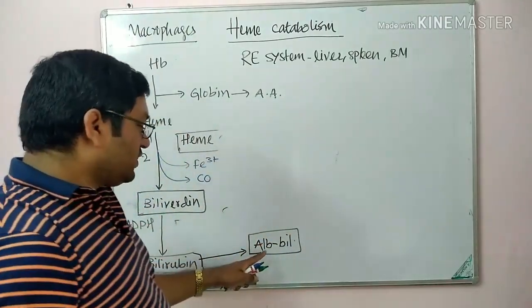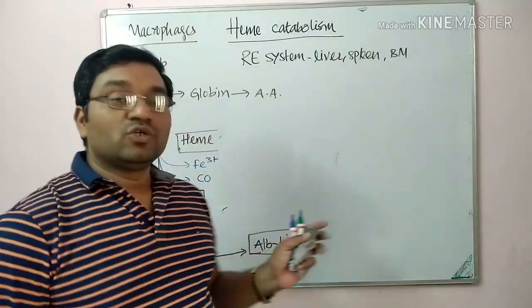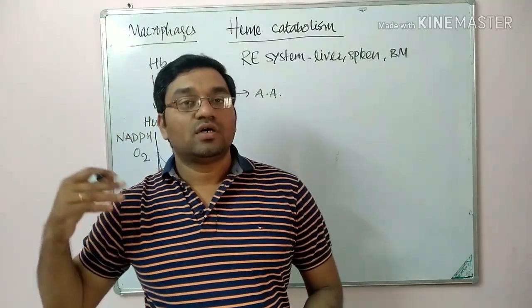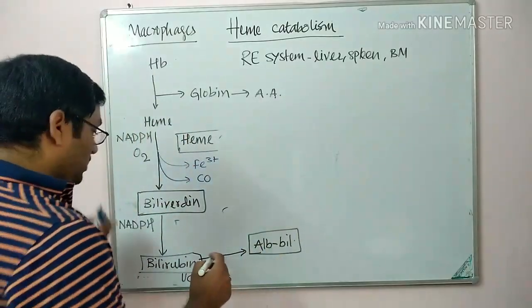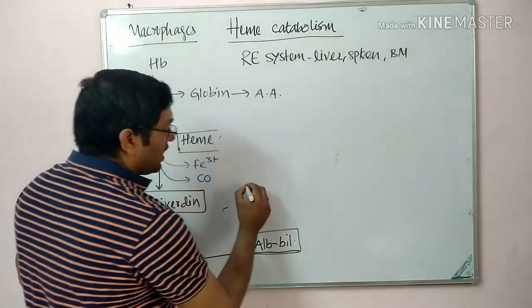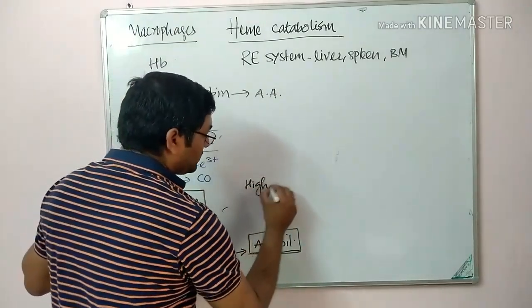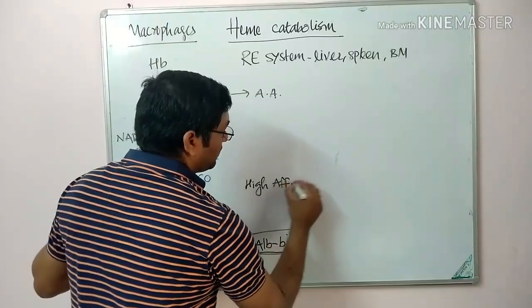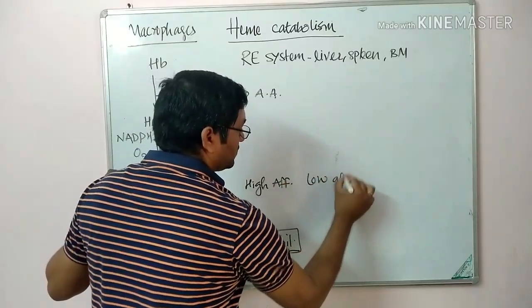Because of this albumin, it is carried through the blood into the liver. Now this albumin has two binding sites. One is the high affinity binding site and another one is the low affinity binding site.